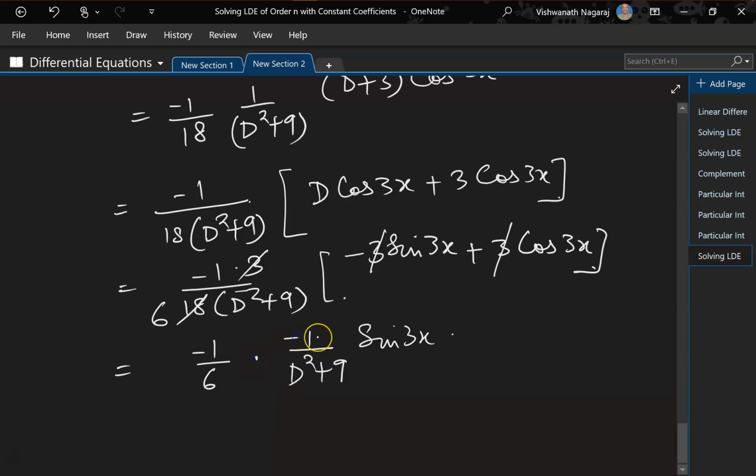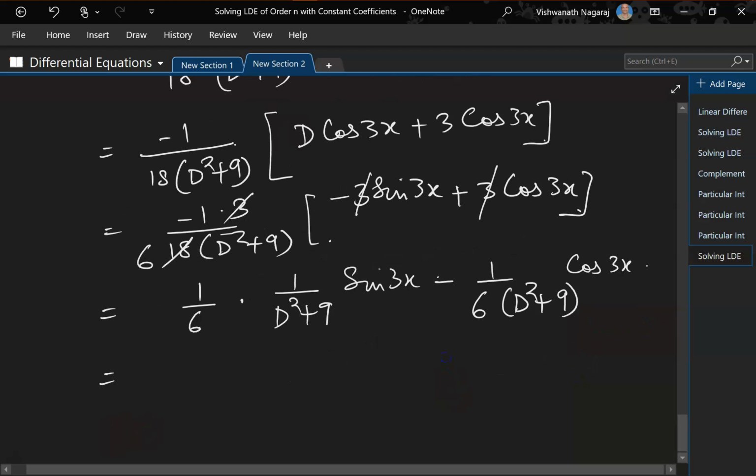Okay, so minus times minus becomes plus, then minus 1 by 6, d square plus 9 cos 3x. Or actually what we can do is take this 1 by 6 out. Yes, we can do something like this.